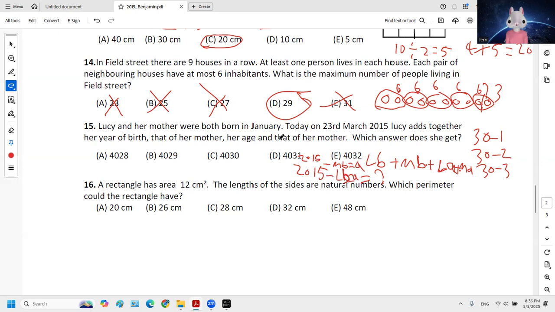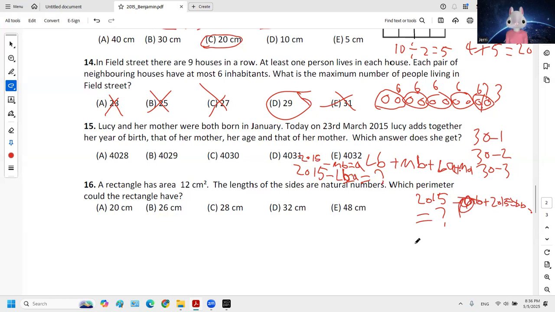And now, since we're going to add these two together, it would be 2015 minus mother's year of birth plus 2015 minus Lucy's year of birth. It equals that number. Since there are two 2015s, we'll just cross out Lucy's birth and her mother's birth. Because this minus sign is with the year of birth, it would also be crossed.